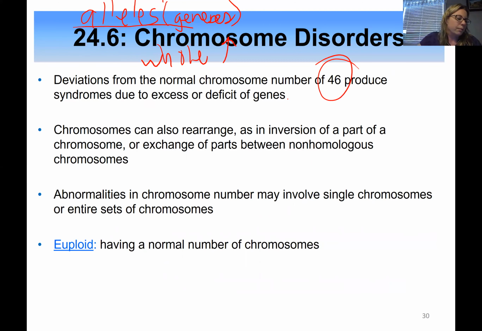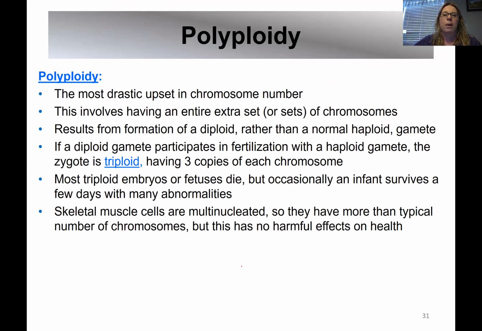The term euploid or euploidy means having the normal number of chromosomes. So if a person has 46 chromosomes, they would be a euploid. A polyploid, or the condition of polyploidy, is having an extra set of chromosomes. This would be very, very drastic.